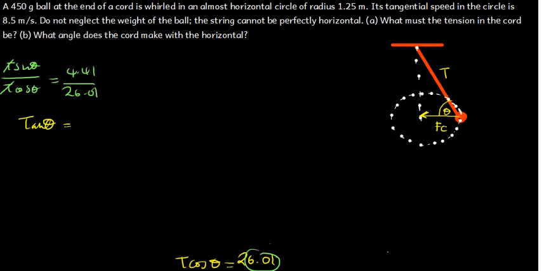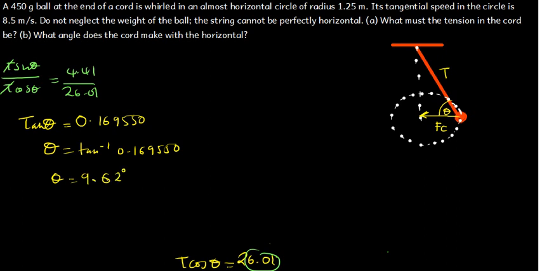So tan theta is 4.41 divided by 26.01, that is 0.169550. Theta is going to be the tan inverse of 0.169550, which gives theta of 9.62 degrees. So that is the angle.